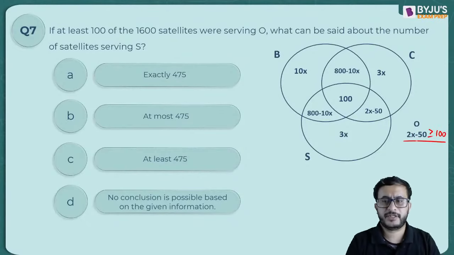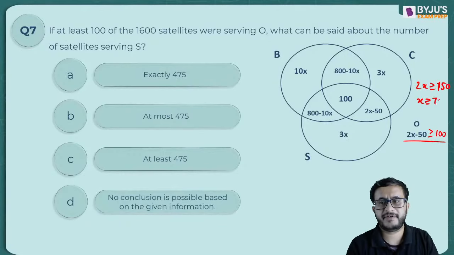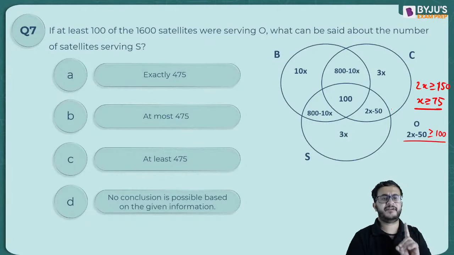So this is at least 100, right? So 2x is greater than or equal to 150. So x is greater than or equal to 75. So minimum value of x is 75.